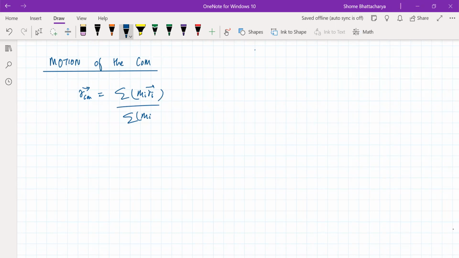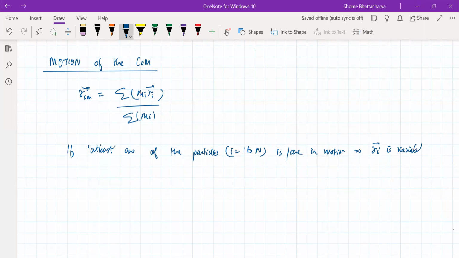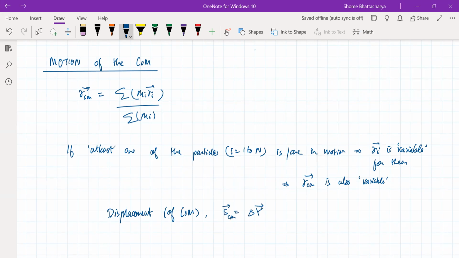So if at least one of the particles is in motion, that means the displacement of center of mass, displacement being defined as the kinematics parameter change in position.